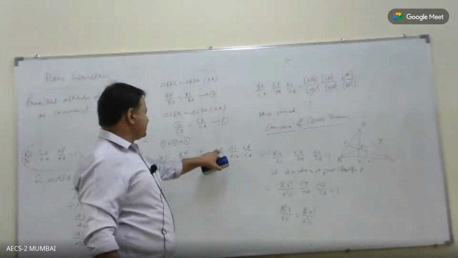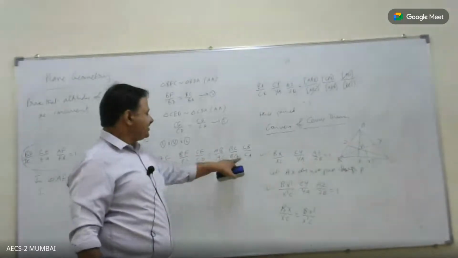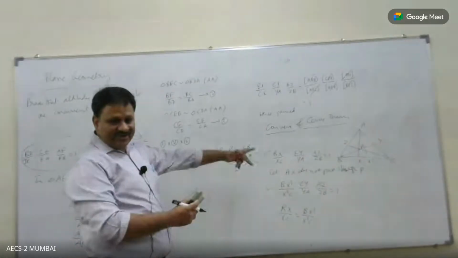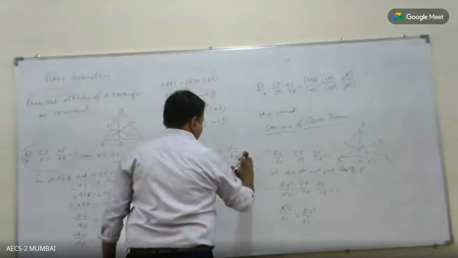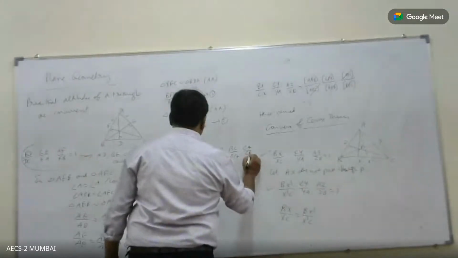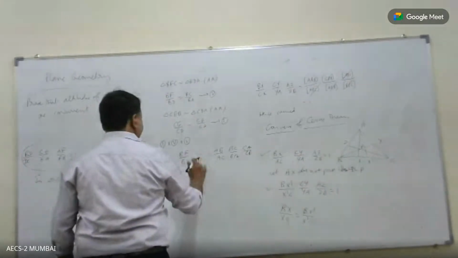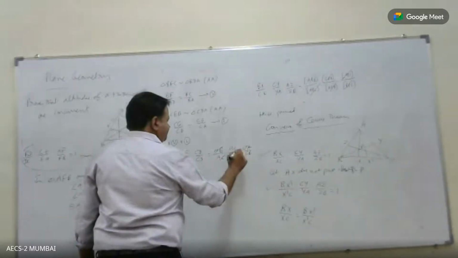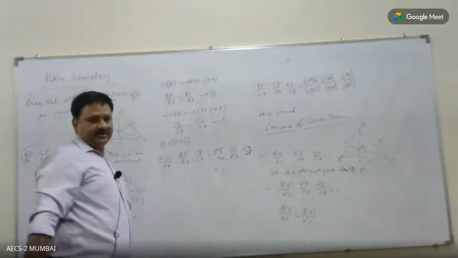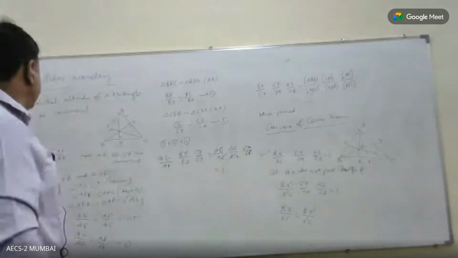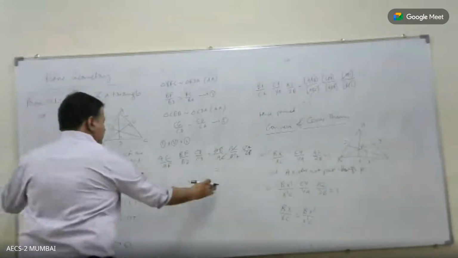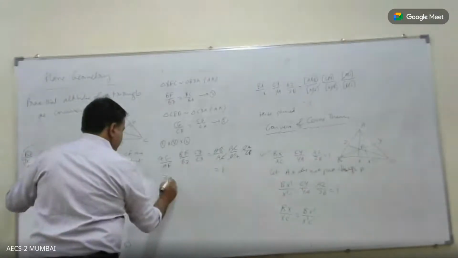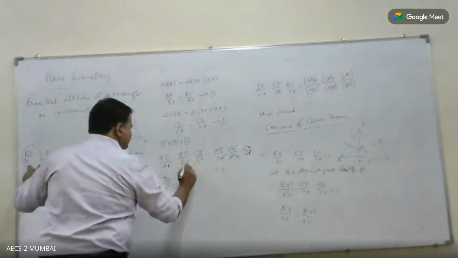They're not cancelling. These two are getting cancelled, but these are down. They both don't cancel, right? So we have to reciprocate. CA by CB, this also, CD by CD, 1. Now check these ratios. Let me put this in order. DC by BD, I'm taking this and this here.